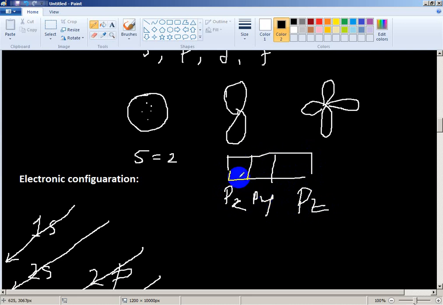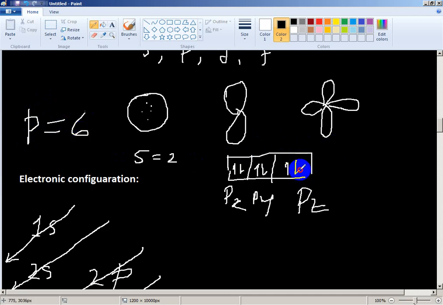So how many electrons can the p orbital occupy in total? 6. Good. So the p orbital can occupy 6 electrons.